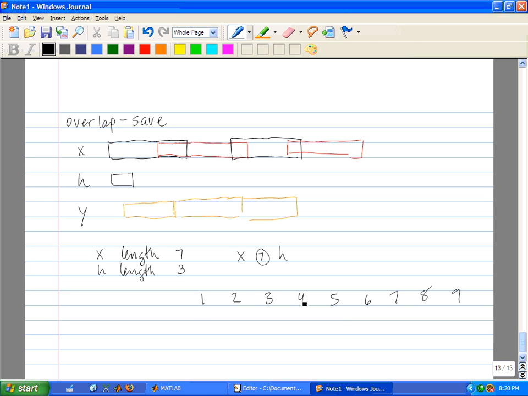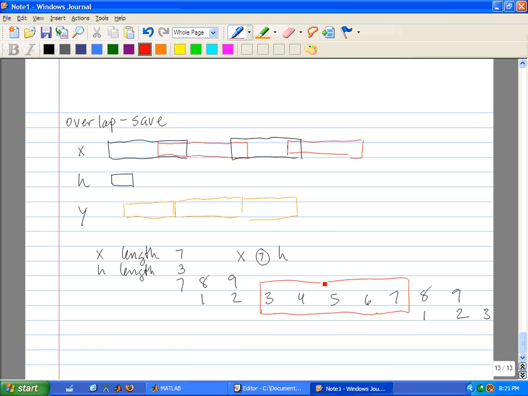So now you're going to have 1, 2, 3, and so on. So the 1 is going to have an 8 above it and a 9, 7. So how many points do you have that are unaffected, that are the same as the linear convolution? 5. Those 5 points will always be the same as the linear convolution.